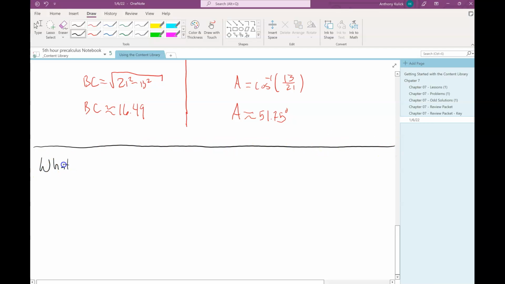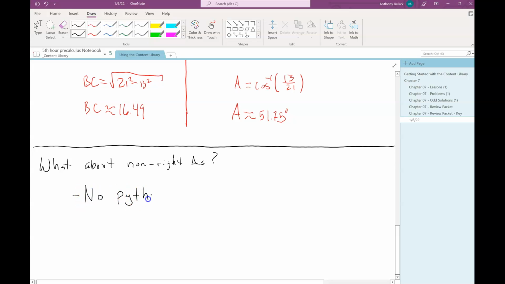So what we should be left with then is, what about non-right triangles? What can we do there?